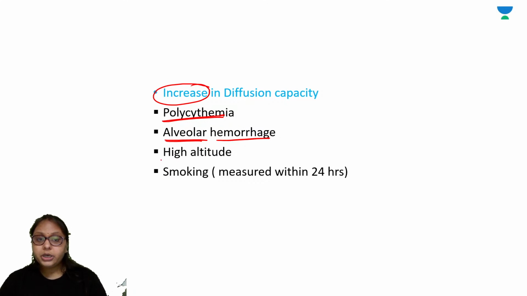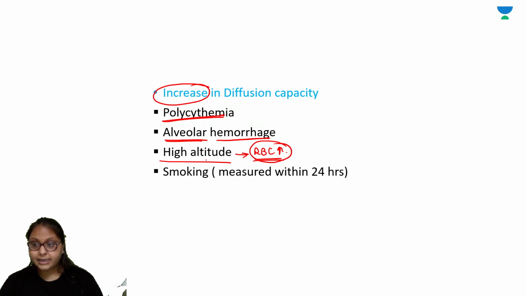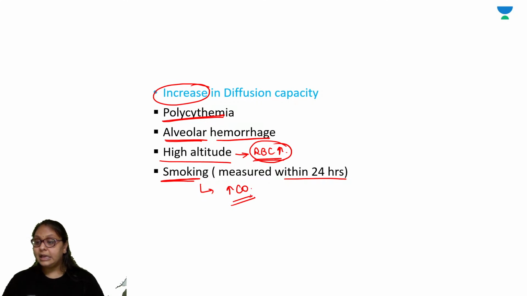In high altitude cases also, RBCs increase, right, and therefore there is increase in the diffusion capacity. And also in smoking, when it is measured within 24 hours, there is increase in the diffusion capacity because there is increase in the carbon monoxide level in smoking. So these are the factors which increase the diffusion capacity.